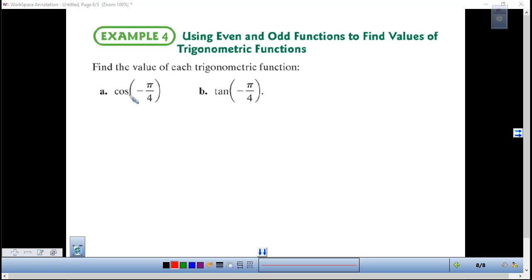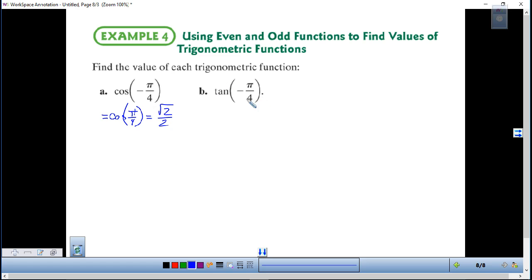It's going to be the same for a given angle. So cosine of negative pi over 4 is going to be exactly the same value as cosine pi over 4, specifically because this is an even function, and we know what the cosine of pi over 4 is. It's the square root of 2 over 2.